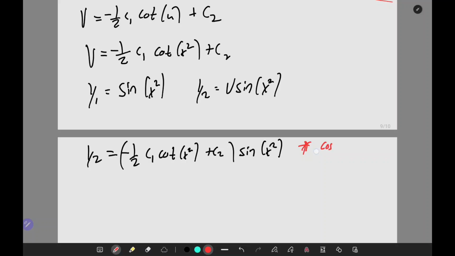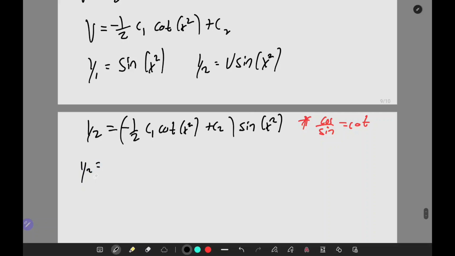Cosine over sine? Yeah. Cosine over sine is cotangent. So then we can rewrite this to be cosine over sine. And then you can see why I did this, because the sines will then cancel with that term, right?